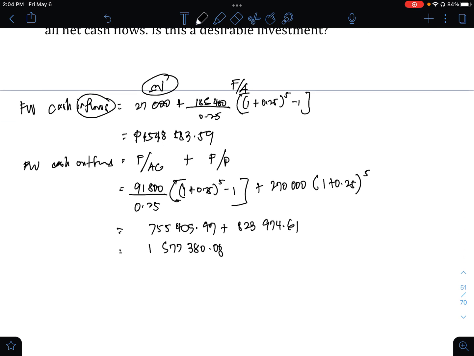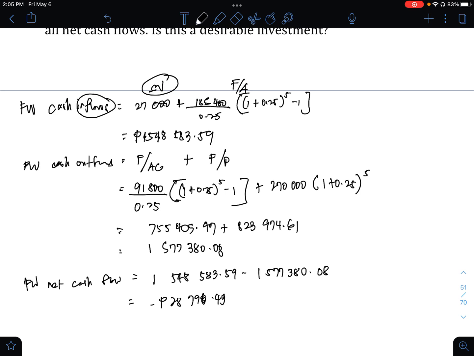Then cash inflow minus cash outflow gives the future worth of the net cash flow: 1,548,583.59 minus 1,577,380.08. Therefore, this is negative 28,796.49, and negative is not greater than 0, so this is undesirable.